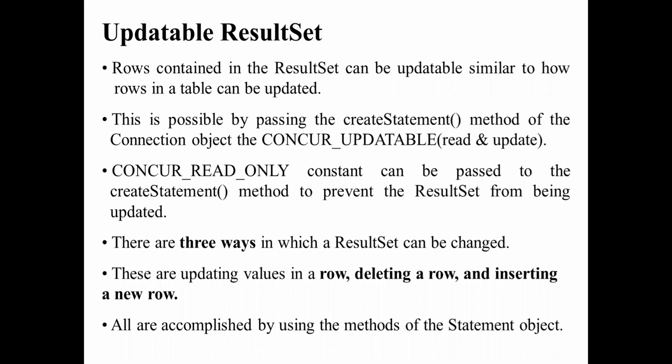The rows contained in the result set can be updatable, very similar to how the rows of a table can be updated. This is possible by passing the concurrency constant to the createStatement method of the connection object.